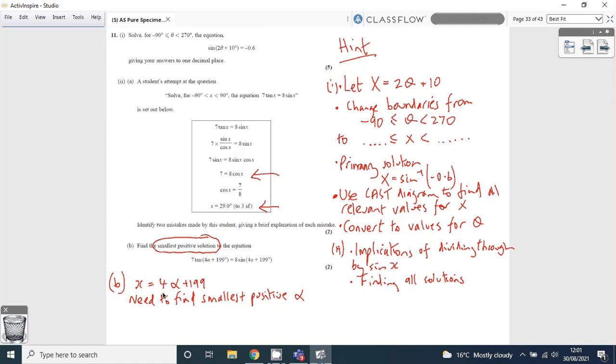And then which of those gives you a small positive solution for alpha?